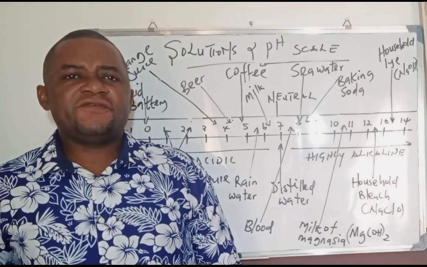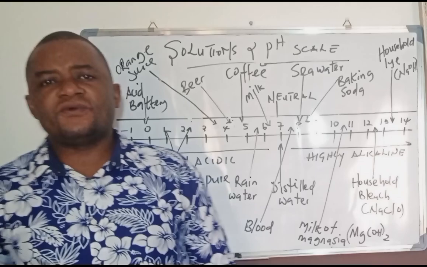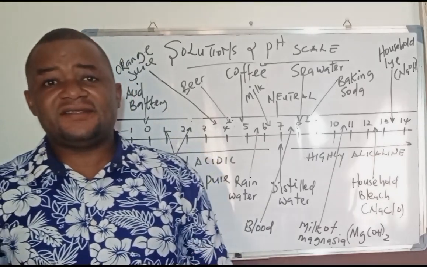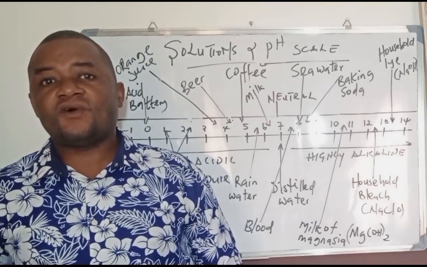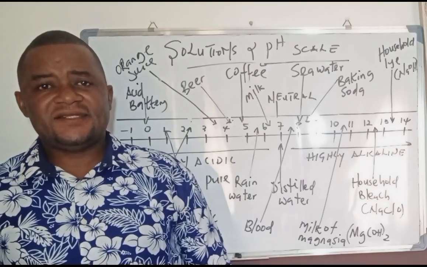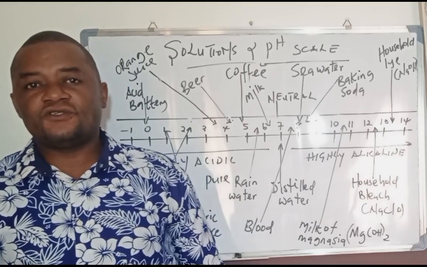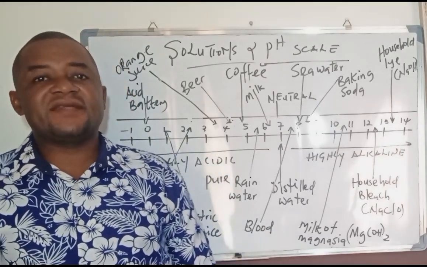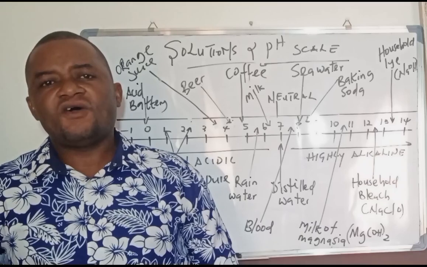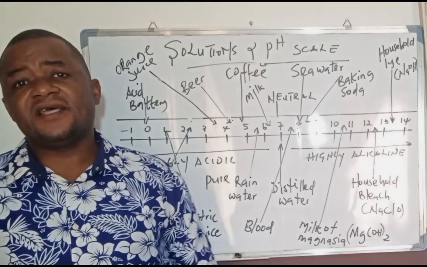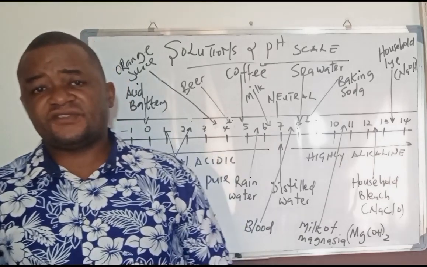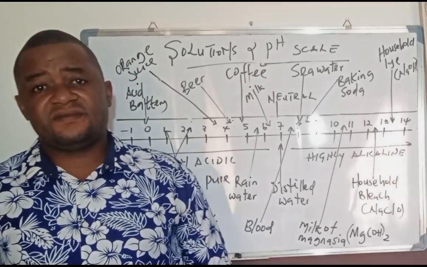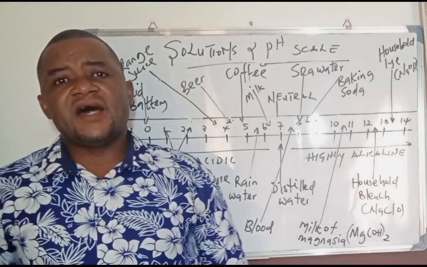Now, if you look at the solutions or substances you take, those substances are either acidic or basic, or alkaline. So whatever substance we consume in our lives is either acidic or alkaline in nature. And being acidic or alkaline is defined by the hydrogen ion concentration in that particular substance or solution that you consume or use.